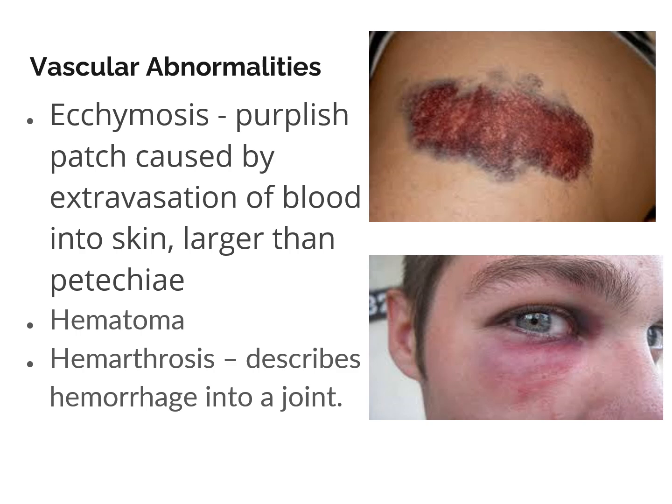This is a large ecchymosis that involves subcutaneous tissue or muscle, producing localized swelling and deformity. And then hemarthrosis, which is bleeding into a joint, causing pain, swelling, and limited range of motion. It can occur due to injury or bleeding disorders like hemophilia.